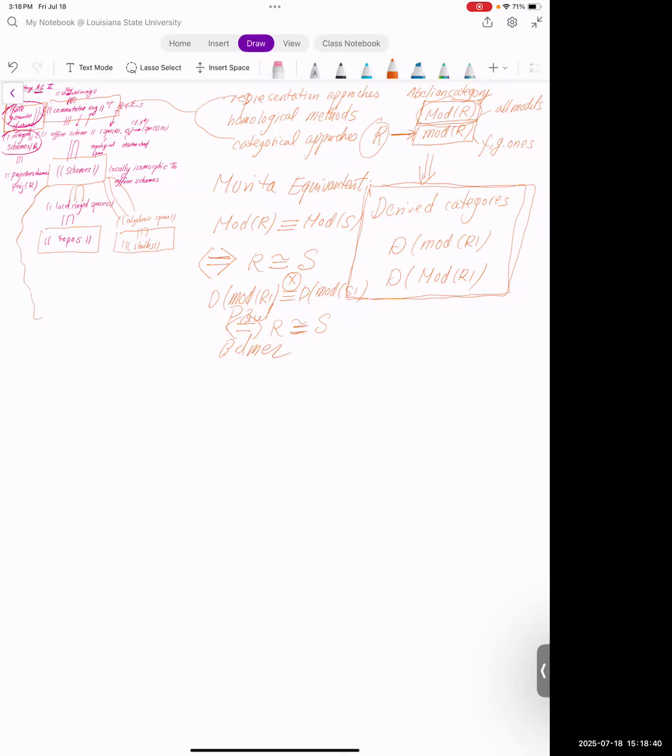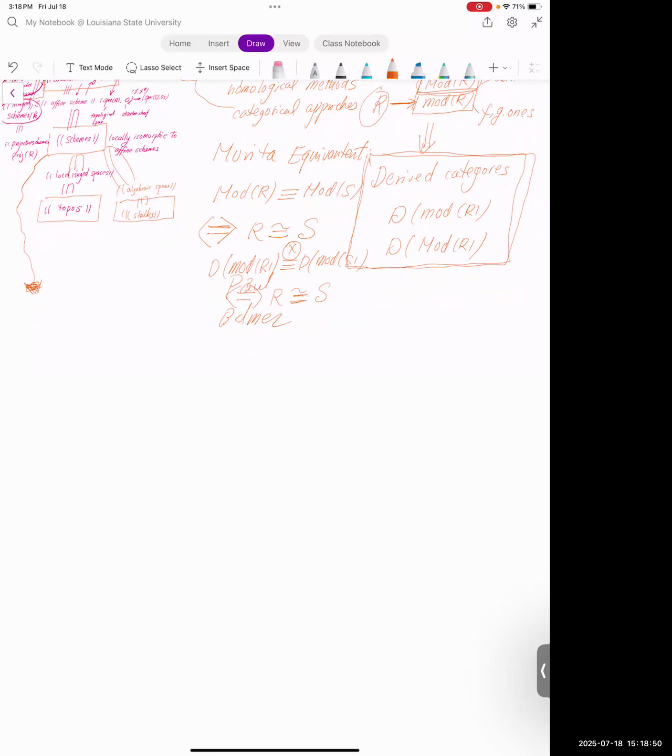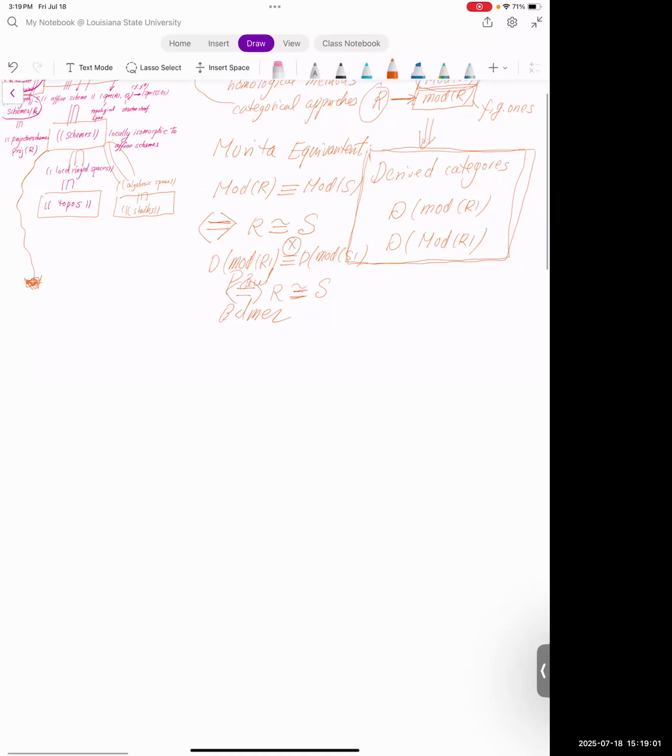Now I'm going to do the same story for a category which is definitely bigger than commutative rings, right? If you have a scheme, can you associate an abelian category from which you can recover everything, and also talk about the derived versions?